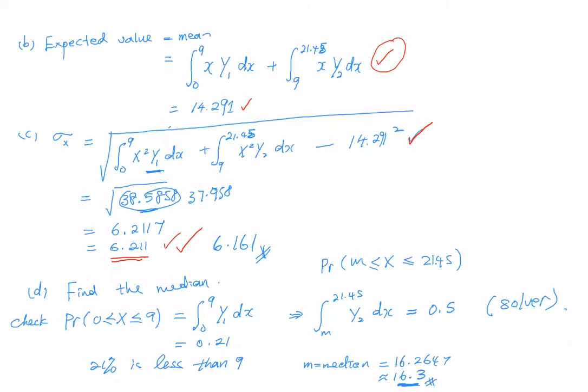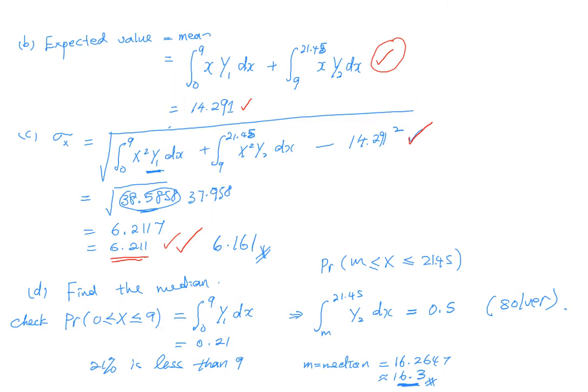Good. Wait, teacher. Yes? This is going to sound like a stupid question, but what happens if you put the bottom number of the integral 9 and up there is x, because the y2 starts from 9?